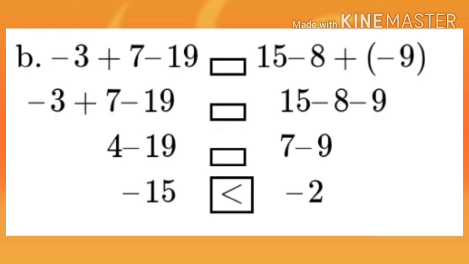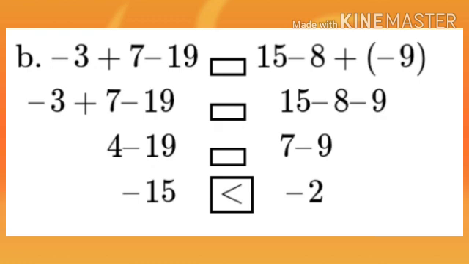The additive inverse of 19 is minus 19. Then plus 4 minus 19 means take the difference of these numbers, which is 19 minus 4 equal to 15. The greater number's sign is negative. The greater number is 19 here, so put a negative sign there. Therefore, the expression minus 3 plus 7 minus 19 is minus 15.